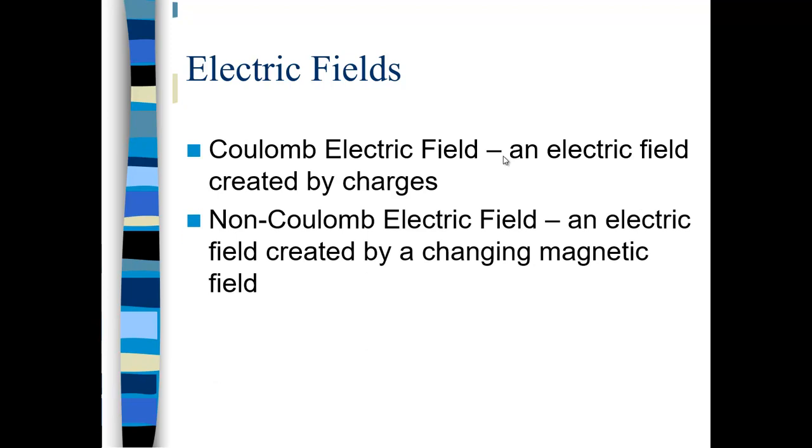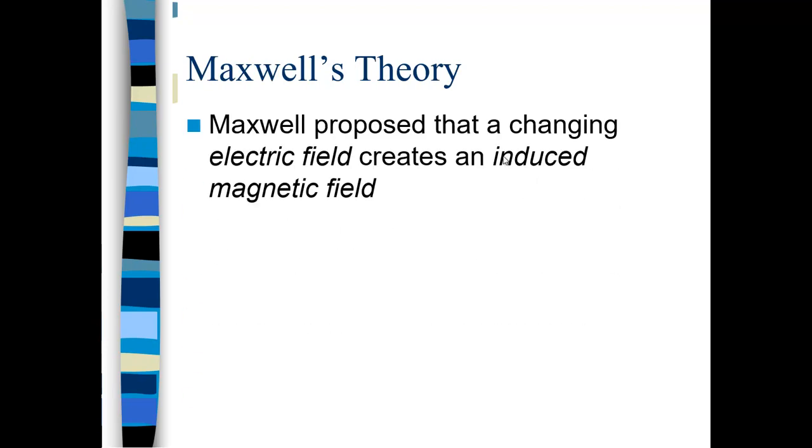But if an electric field is created by a magnetic field, then we call that a non-Coulomb electric field. Just by changing the magnetic field, you get an electric field associated with it. So a changing electric field creates an induced magnetic field.